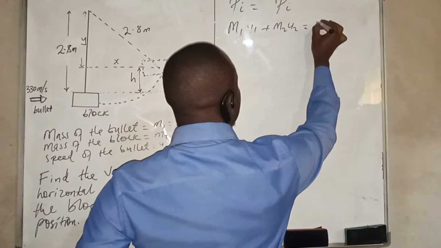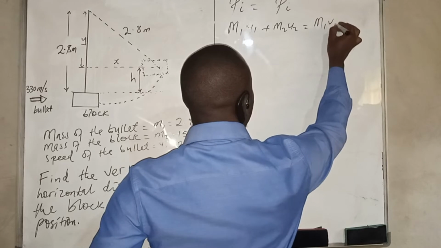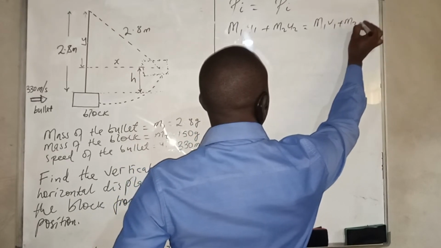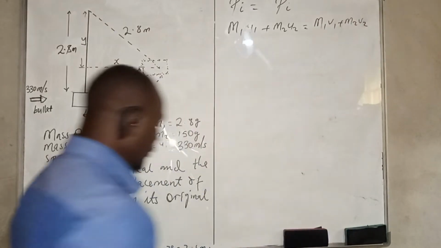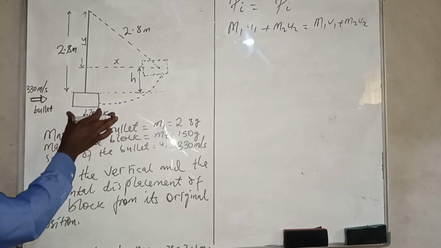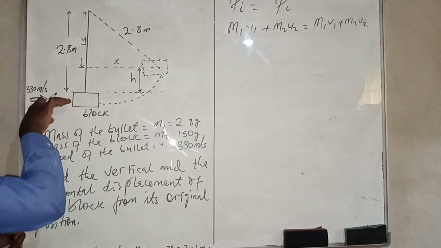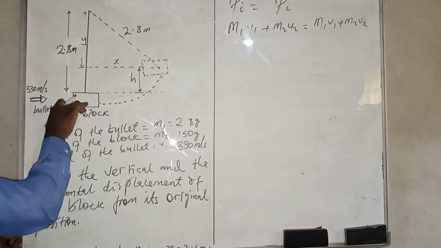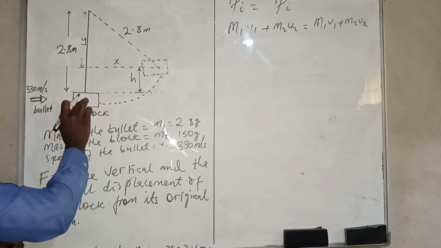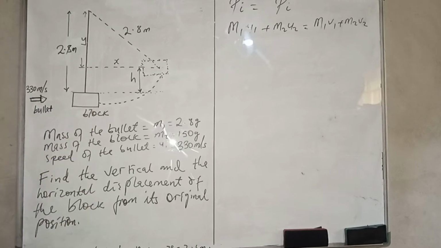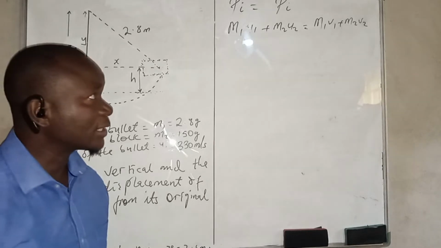That must give us m1 v1 plus m2 v2. But we know that the block is initially at rest, and when the bullet hits it, it sticks in the same block, and both the block and the bullet have the same speed.